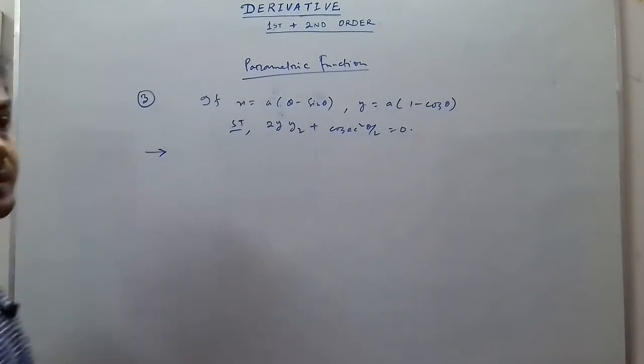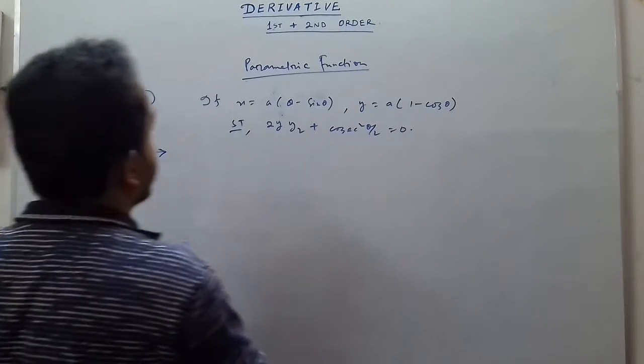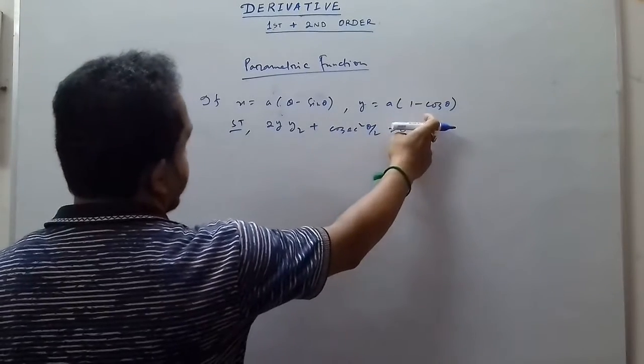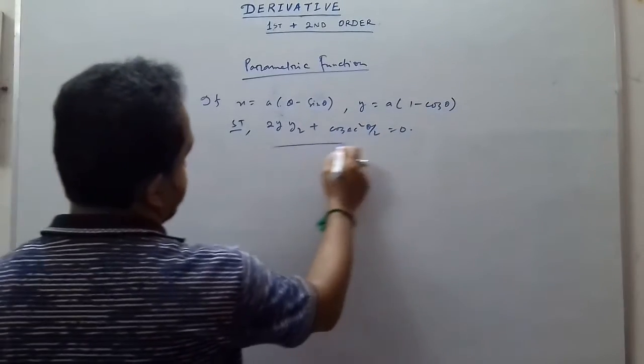Now problem number 3. This problem states that if x is equal to this and y equal to this, a function of theta, then show that this part.